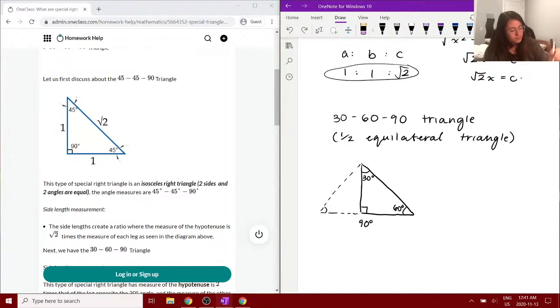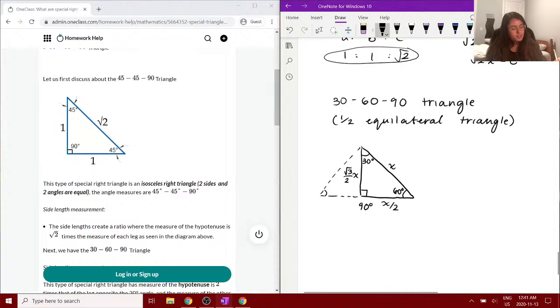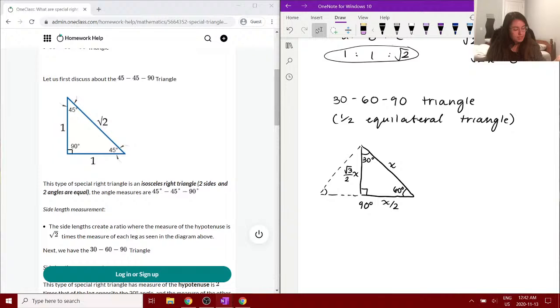If we cut that in half, we would get side lengths where this is x, this is half of x, and this is root 3 over 2 x, which can be found with the Pythagorean theorem again, which we can go through quickly. And this is half of 60 as it was 60 degrees before. The half is 30 degrees. So this is the second special triangle.